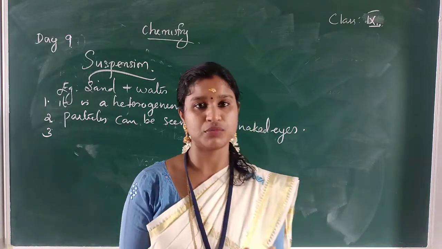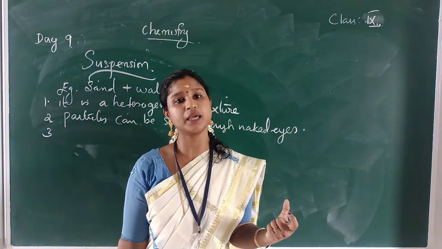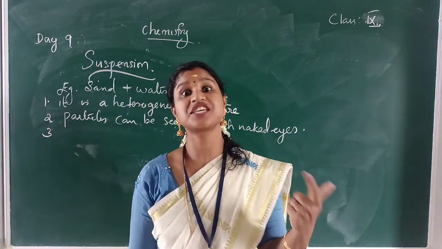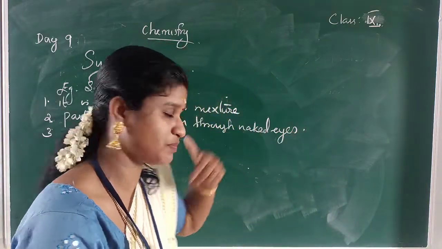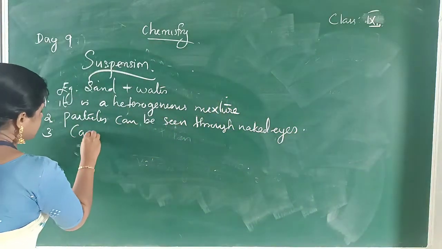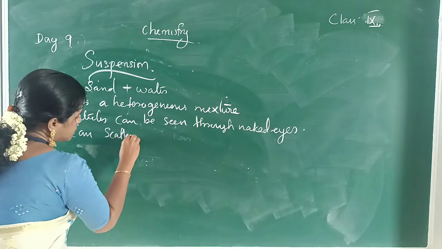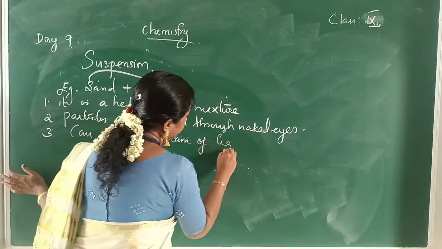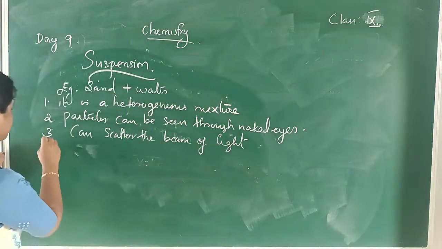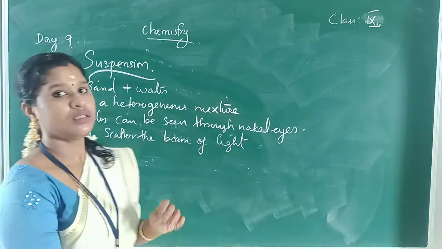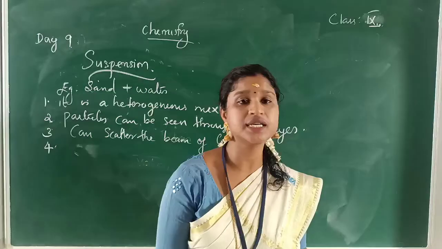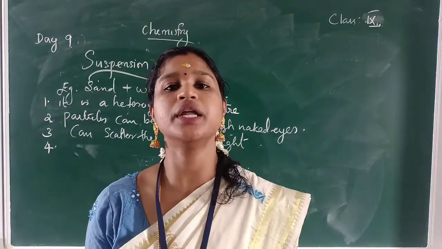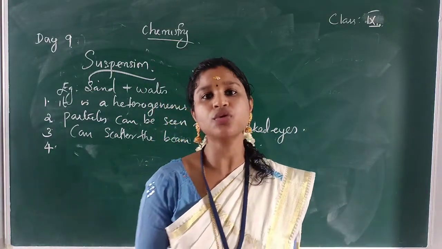scatter the beam of light. അതിലൂടെ പാസ് ചെയ്യുന്ന beam of light എന്ത് ചെയ്യാൻ പറ്റും? സ്കാറ്റർ ചെയ്യാനായിട്ട് ആർക്ക് സാധിക്കും? Suspension can scatter the beam of light. Then the fourth one is that the suspension can be very easily separated through filtration.